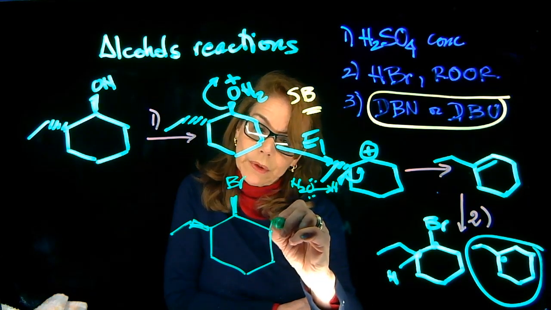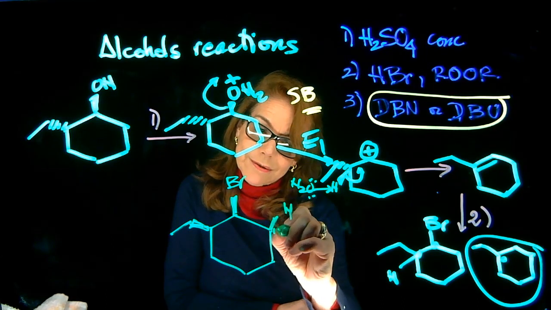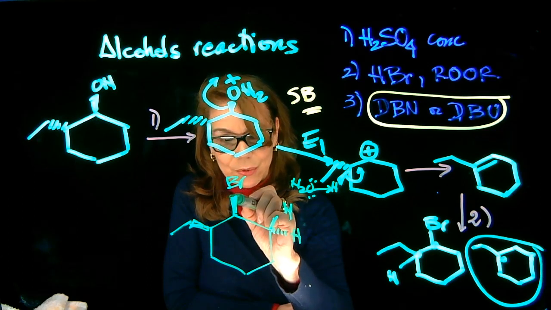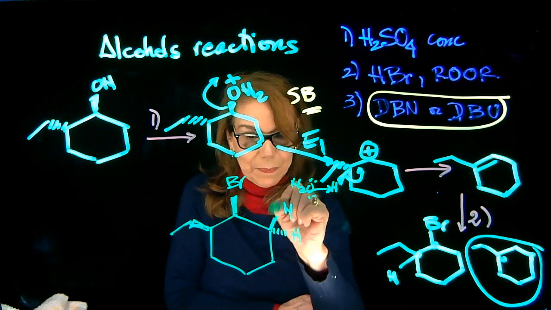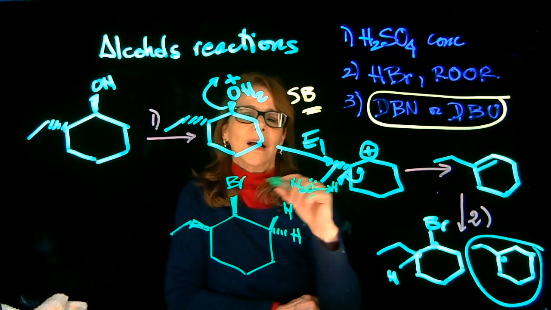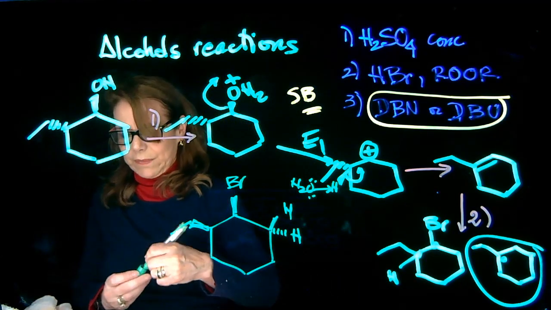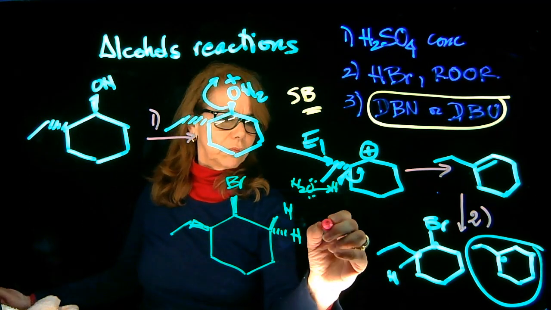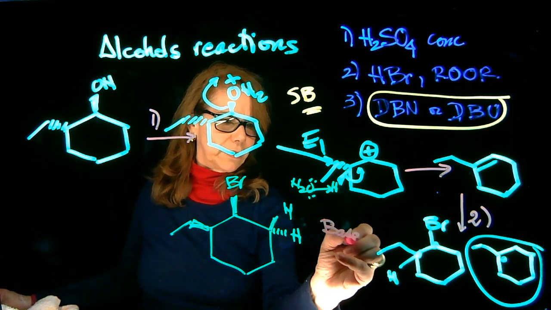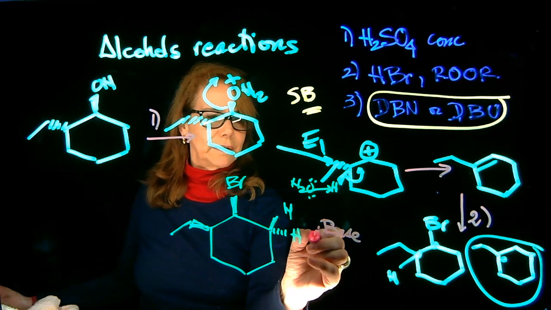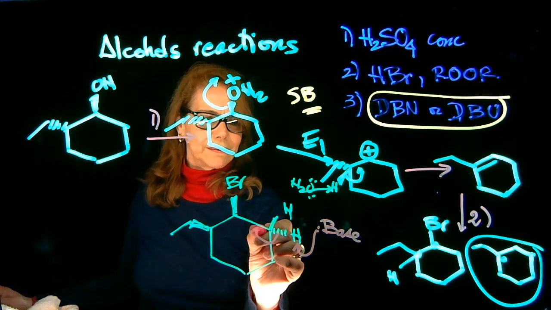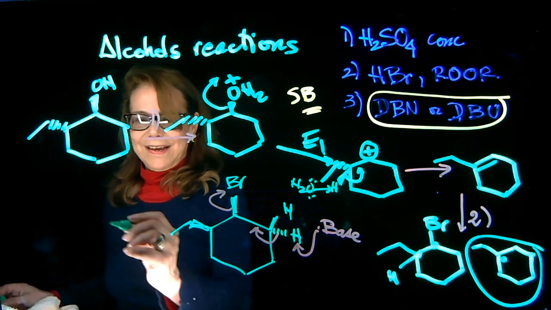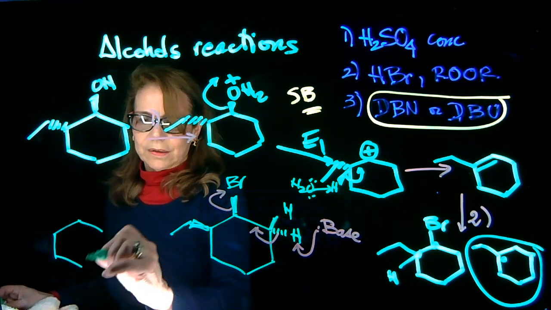Here we need to remember that we have 2 hydrogens, and regardless of whether you have that on dash or wedge, you're always going to have 1 beta hydrogen that is anti to that. So the final product will form the alkene at that position. The base is going to take this hydrogen, make a double bond, and you form the Hofmann alkene. That is your product of that reaction.